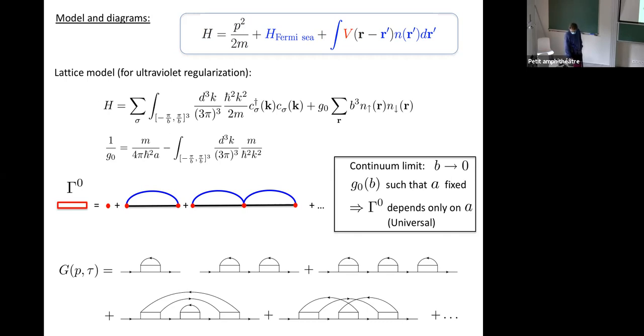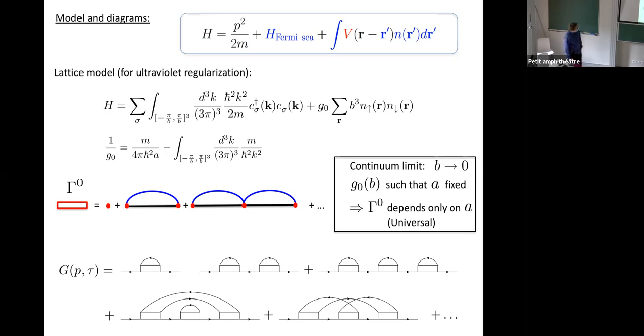And to solve the full problem, we just need to construct all the Feynman diagrams built from this gamma naught and the three non-interacting propagators. So for example, if we are interested in the one-particle propagator, G, from which we can extract the quasi-particle properties, we just have a series of all of these diagrams built from these boxes, gamma naught, and the three particle propagators.